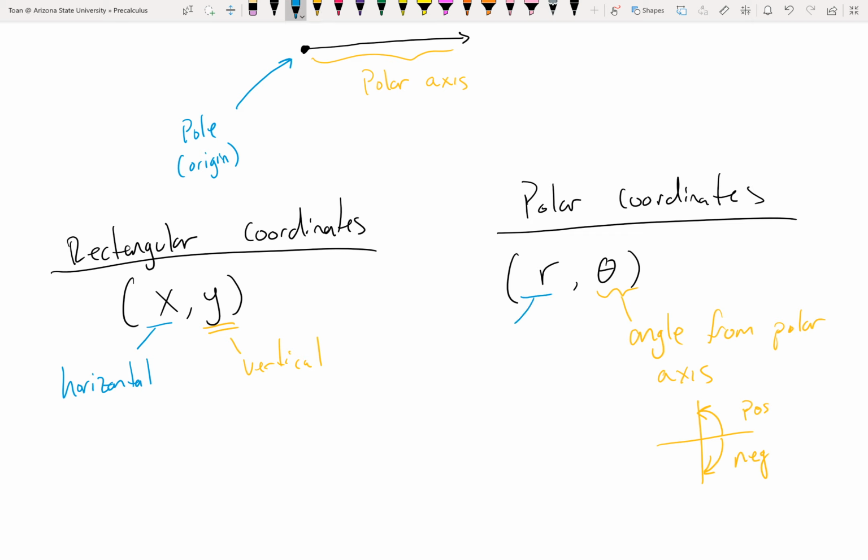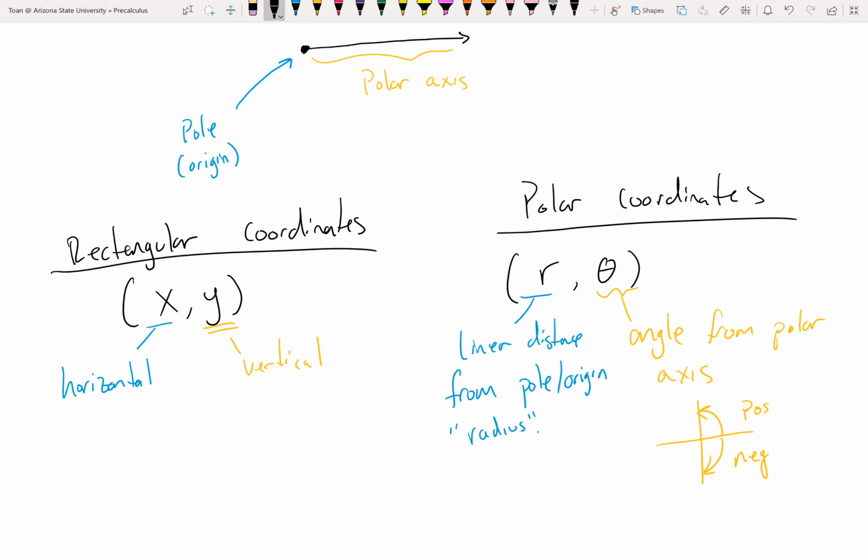The r is the linear distance from the pole or the origin. You can think of it as the radius. The radius, you start at the center and you go straight to the outer edge. You don't do any twists, you don't do any turns, you don't do any bends. It's a straight linear line.